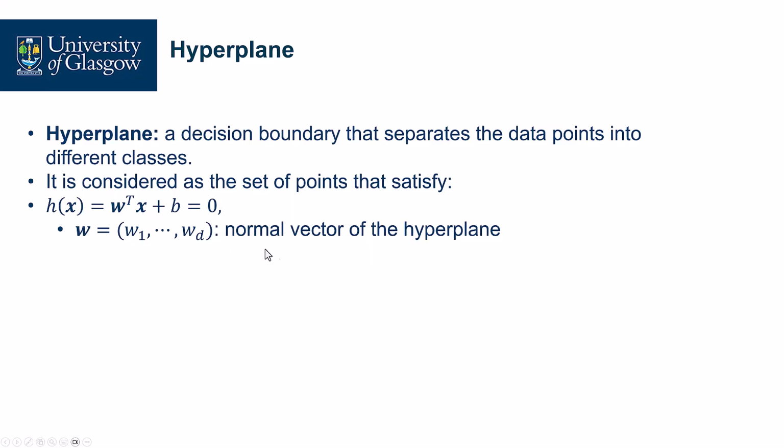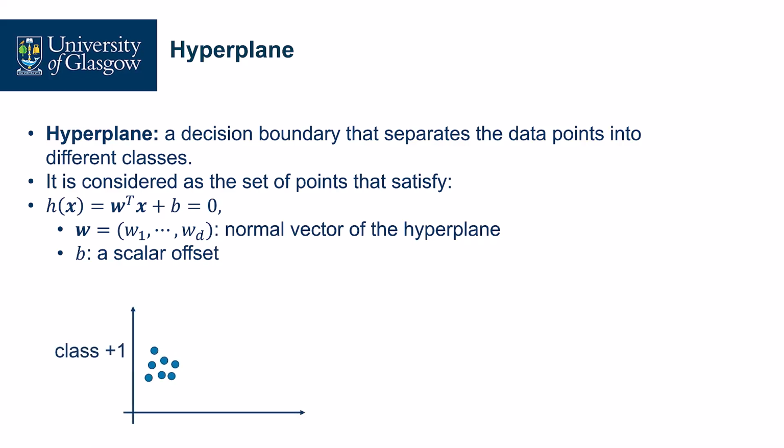This w we call the normal vector of the hyperplane, and b is a scalar. As we can see in 2 dimensions, with class positive 1 and class negative 1, there is a hyperplane here.